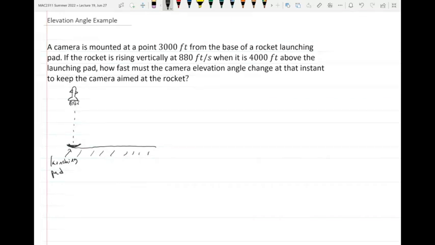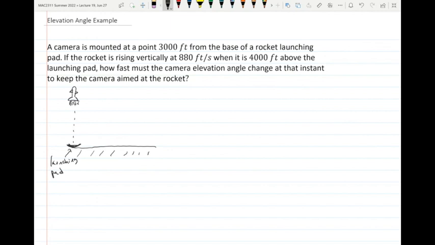So the rocket is launched from here. Remember, it's telling you 3,000 feet from the base, so somewhere in here, 3,000 feet away, we have a little camera. Now, you should understand, we want the camera to always be looking at the rocket, right? At the beginning, the camera is pointing where the rocket is.